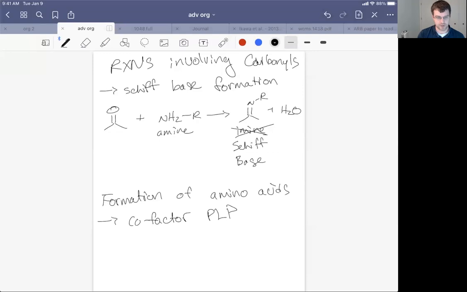I believe pyridoxal phosphate is the name of PLP. But anyway, it looks like this. So here's PLP. It's a pyridine ring that seems to always be protonated. And we have an NH2 at this position of our pyridine, an OH to assist with hydrogen bonding, a methyl group, and then an O phosphate, which I show as an OP.